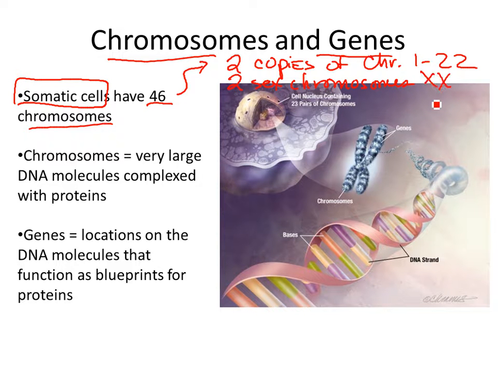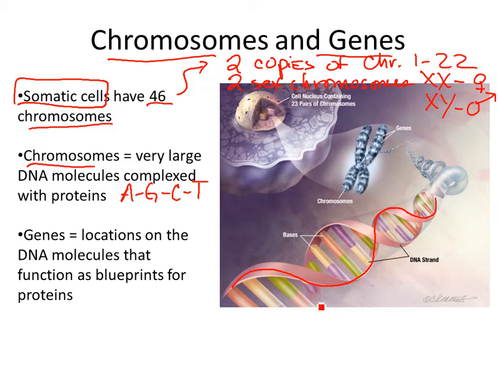Sex chromosomes: you've either got 2 X chromosomes, which makes you a female, or an X and a Y chromosome, which makes you a male. And as you've learned before, chromosomes are very large DNA molecules. DNA molecules are chains of A, G, C, and T nucleotides, and 2 of those chains or strands are bonded together and twisted to form this double helix shaped molecule that you see here.